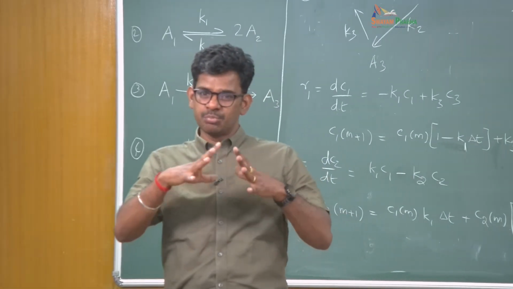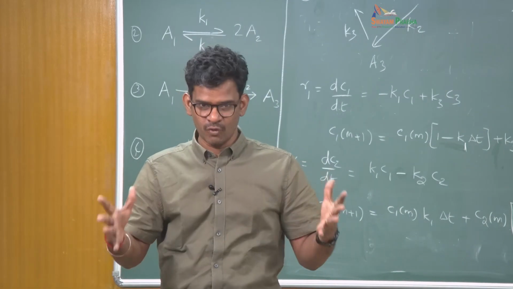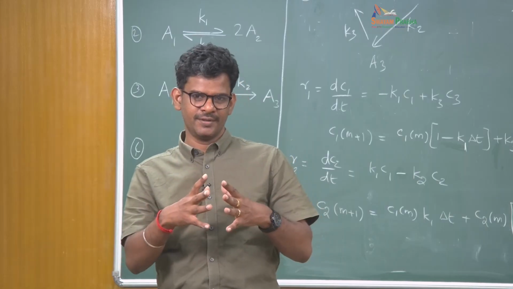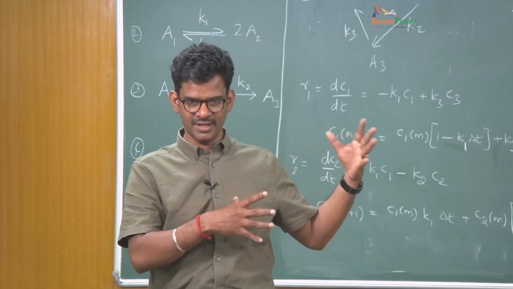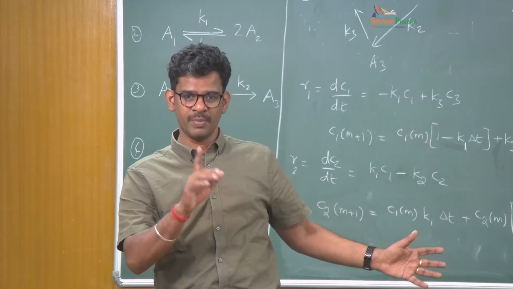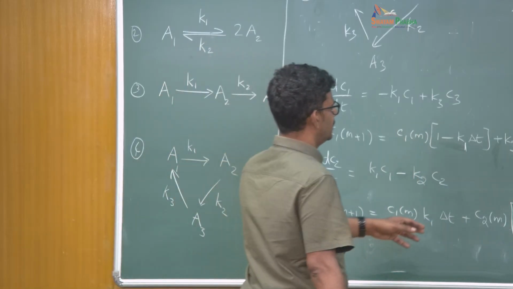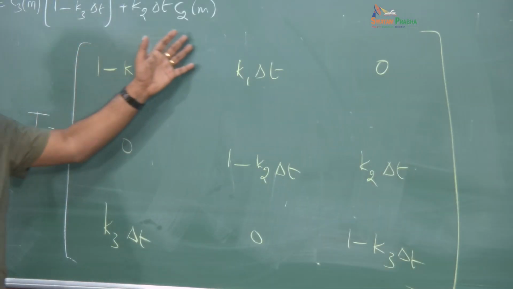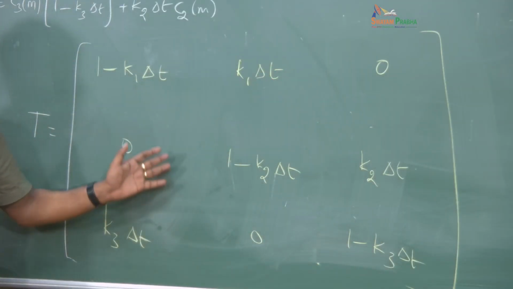Markov chain is a much broader framework. We are customizing that for chemical reaction kinetics. This framework is very similar to the deterministic one when you do it in terms of concentration.